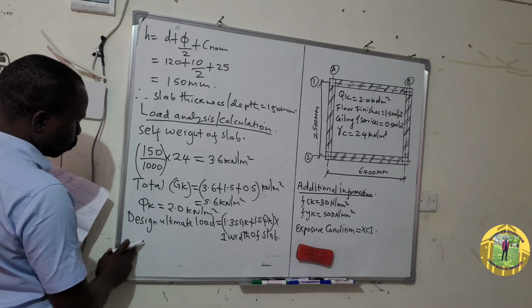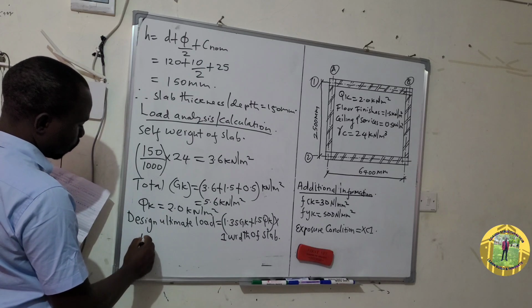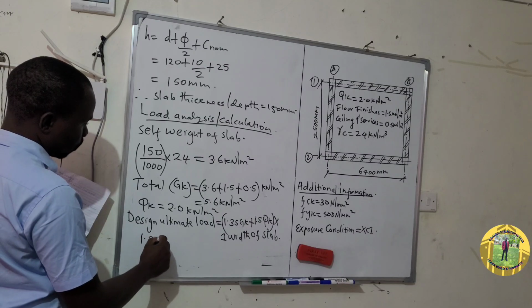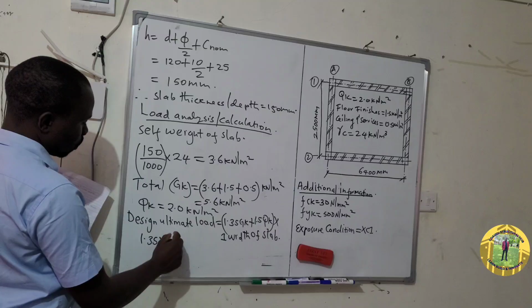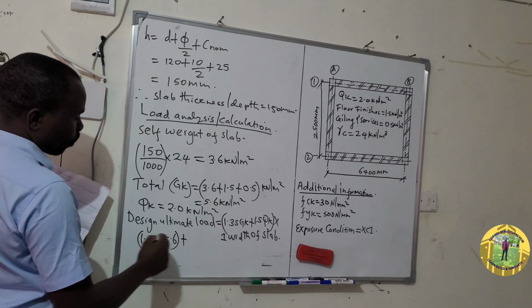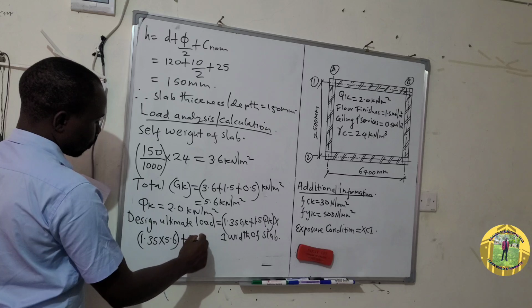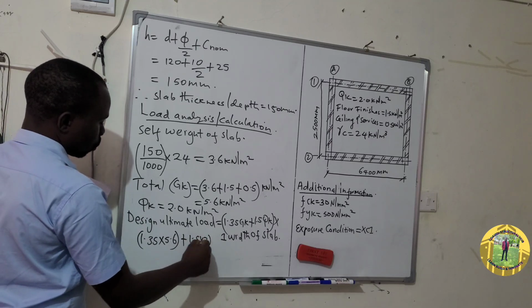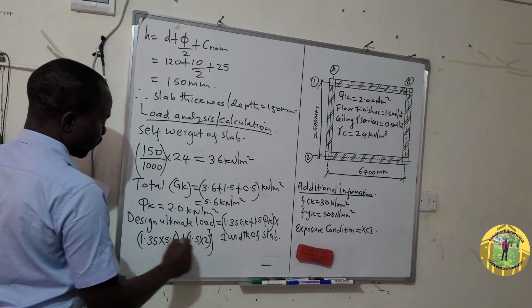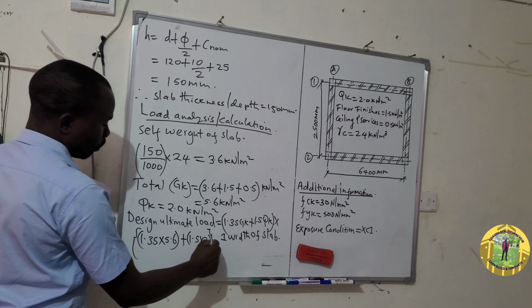So this one is equal to 1.35 times GK, which is 5.6, plus 1.5 times 2. Then you multiply by 1 meter.